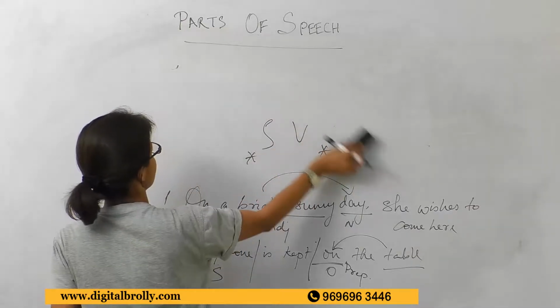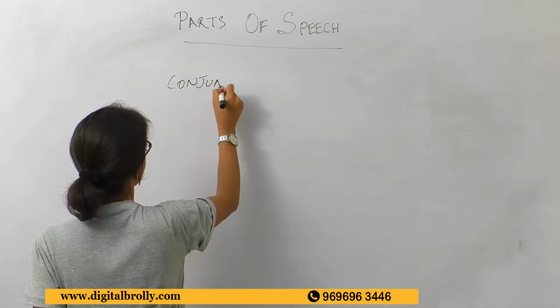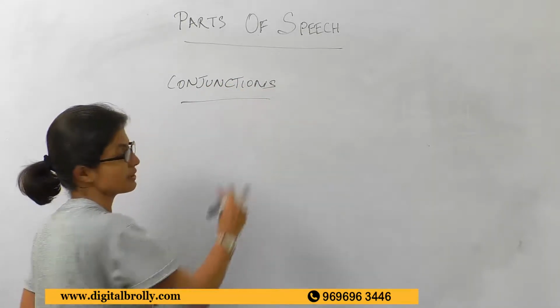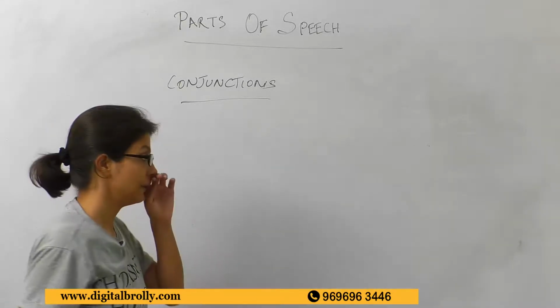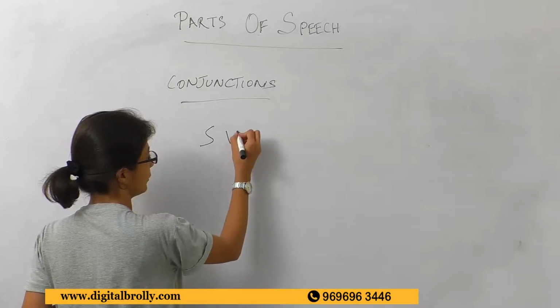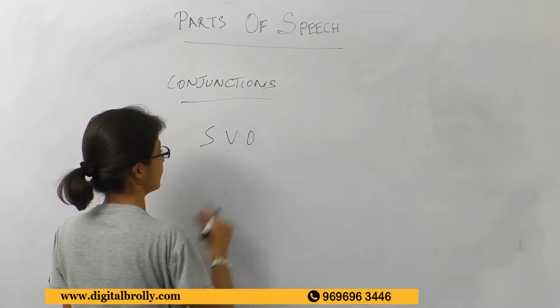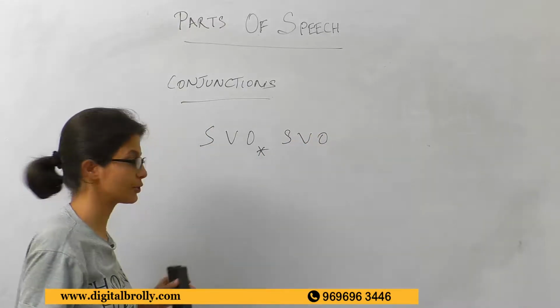Now coming to conjunctions. As you already know, conjunctions are words that join two sentences. So obviously, conjunctions will have to appear here, in one position.